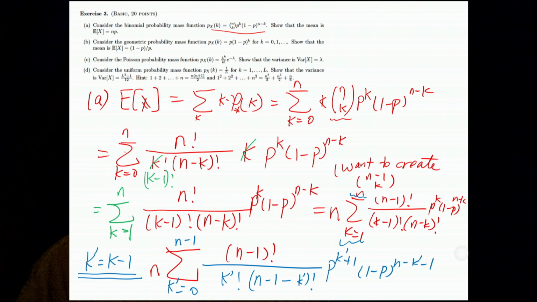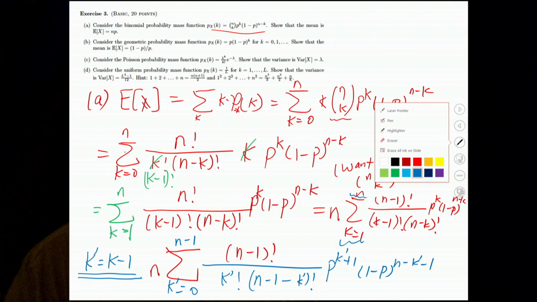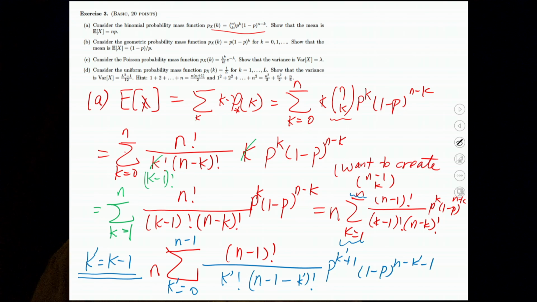So now I have this expression, but here I have p to the k prime plus 1. I want to take just one p out in front of the summation.